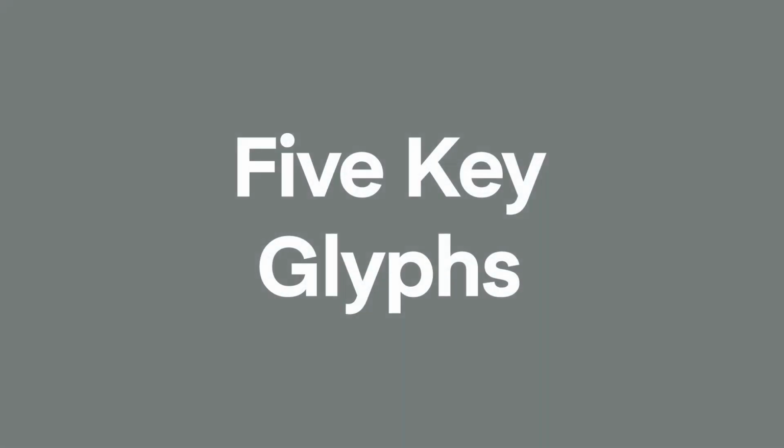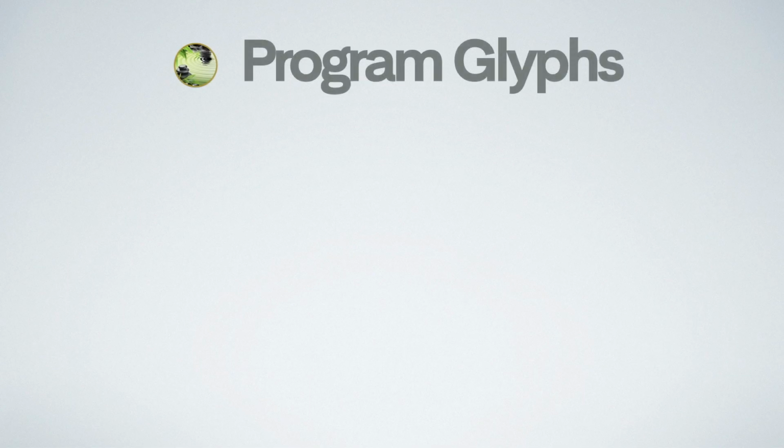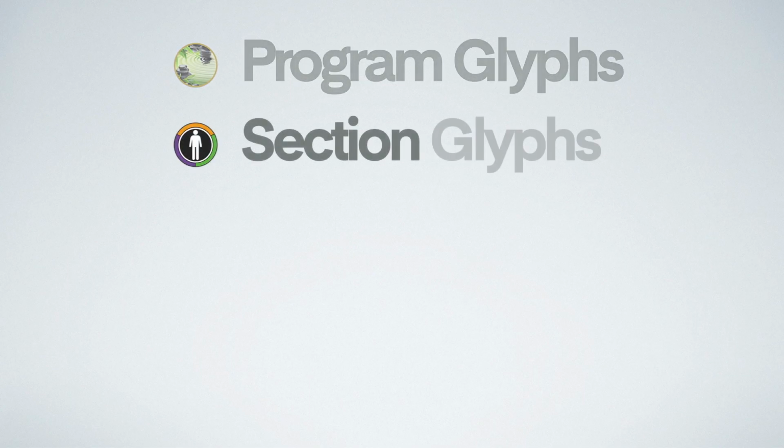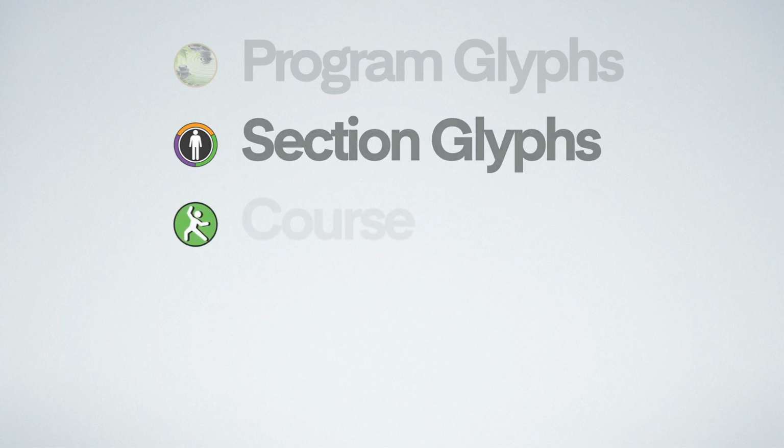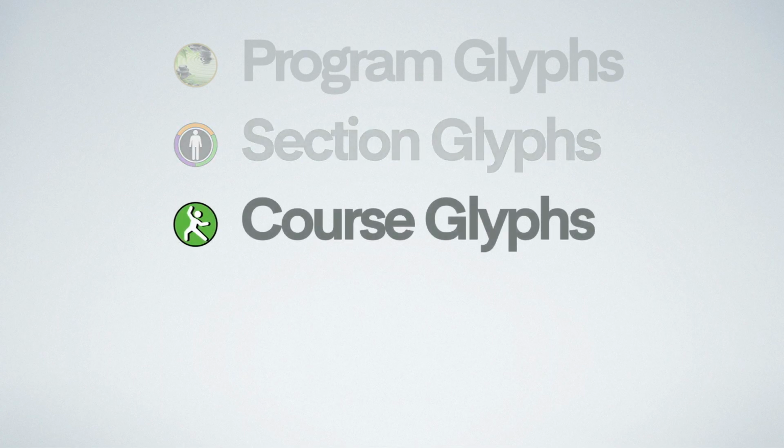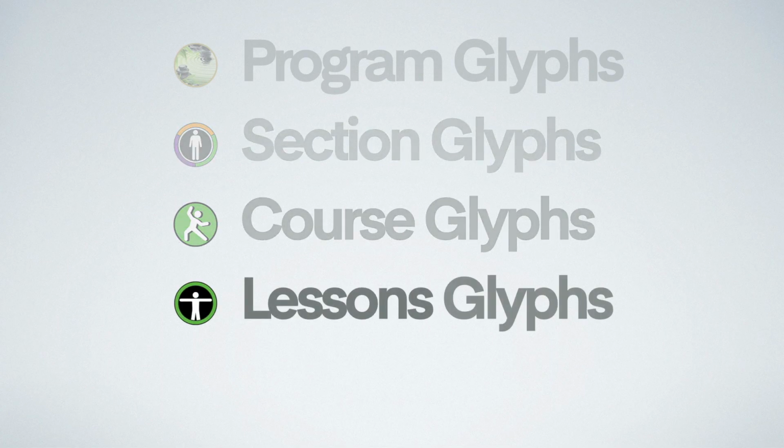The following 5 glyphs are the key glyphs used in Paxtial Arts online courses. Listed, they are program glyphs, section glyphs, course glyphs, lesson glyphs, and fuse glyph.